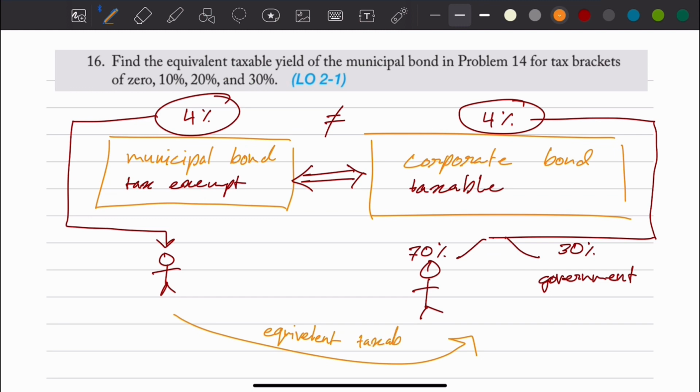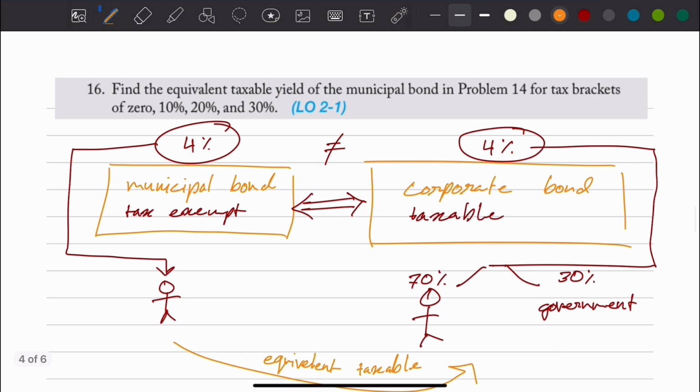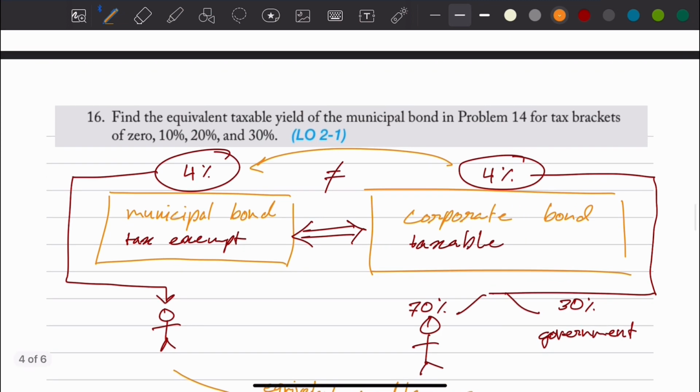Or we do the opposite. We take the rate of the corporate bond and transform it into the after-tax yield, right?